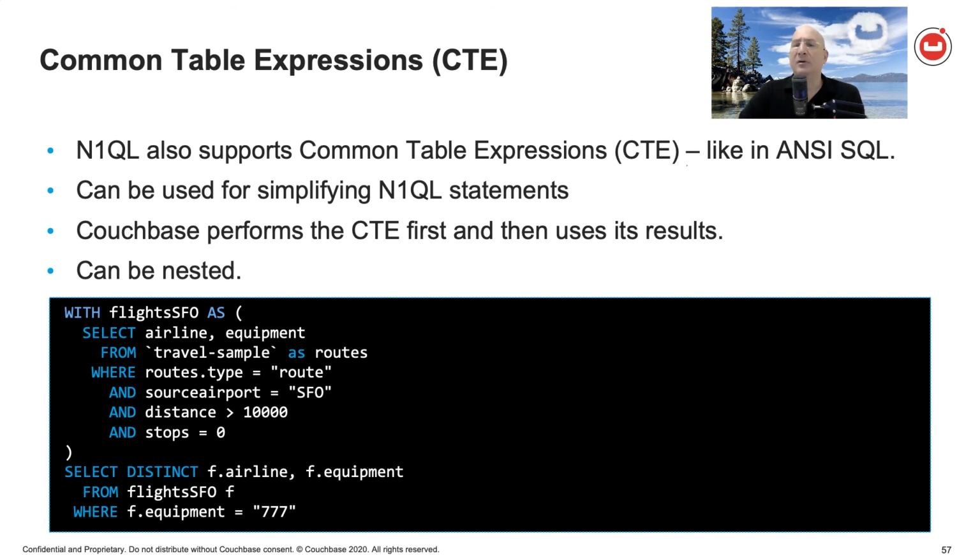Couchbase performs the common table expression first, and then it uses its results when it executes the query that uses the common table expression. Common table expressions can also be nested. So you can have one CTE, which can call or use a CTE that was previously declared. And this is exactly like the ANSI SQL standard.